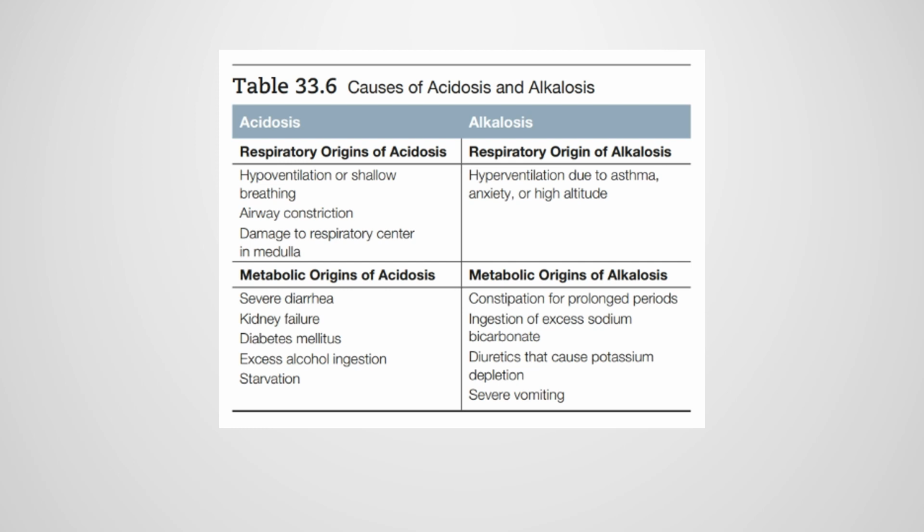The other thing kidneys are able to do is make bicarbonate to buffer the acids in the bloodstream. So if you have severe diarrhea that's leading to hypotension, you're not perfusing your kidneys. And by not perfusing your kidneys, you're not able to clear the acids in your blood. And you're also not able to take advantage of bicarbonate that could be secreted into the bloodstream to buffer the acid.